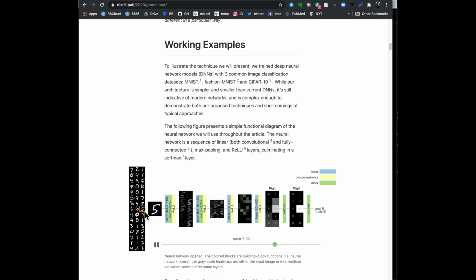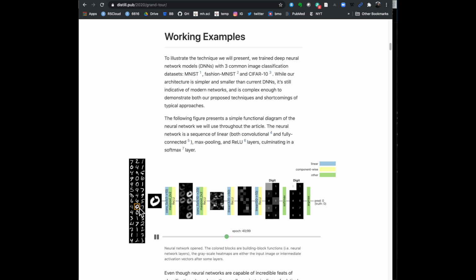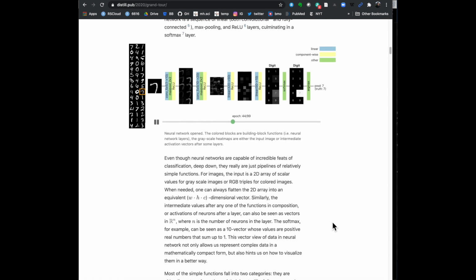If I put the cursor on 5, I can see it's trying to learn 5, over, remember the term epoch, right? And it gets that right. If I come down here to 0, you can see down at the end that it gives its prediction and the truth. Is there a mistake in one of these?